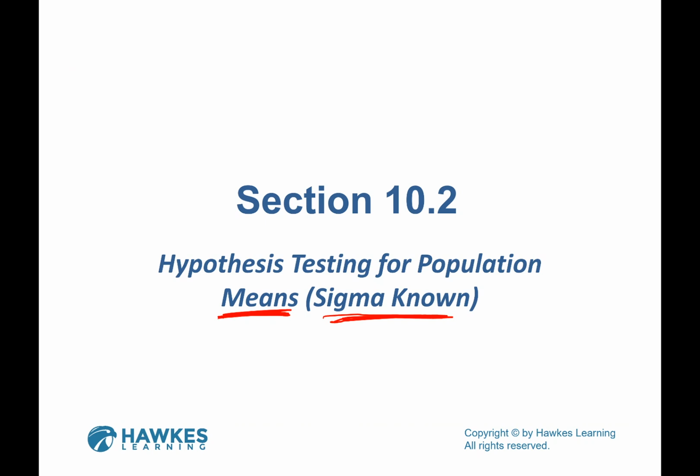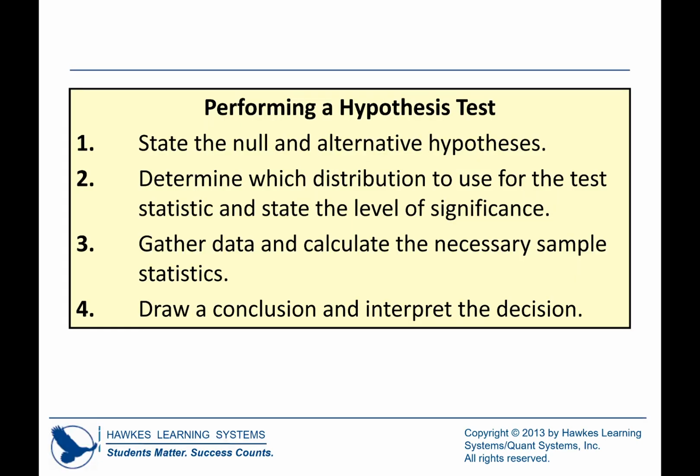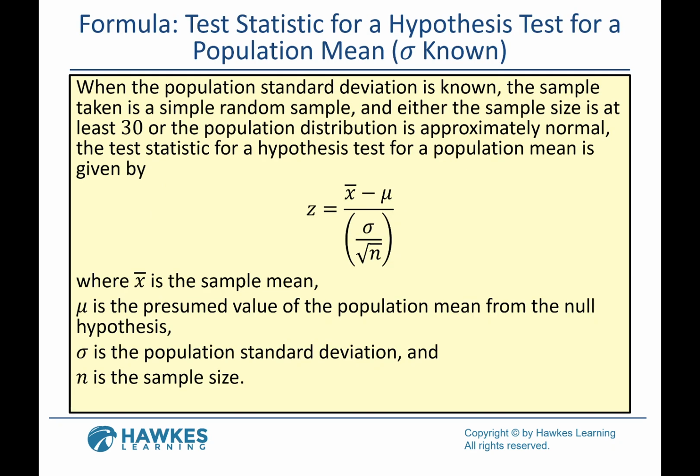In this situation where we are hypothesis testing for a mean, and we know the population standard deviation, then we'll always use the same distribution, and we'll always end up with a z test statistic. Now we've got a lot of stuff going on. It says when the population standard deviation is known, that's the main one for us.